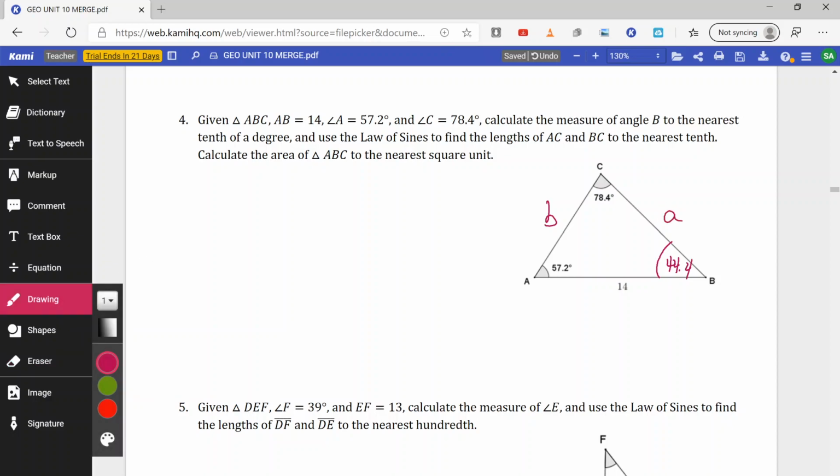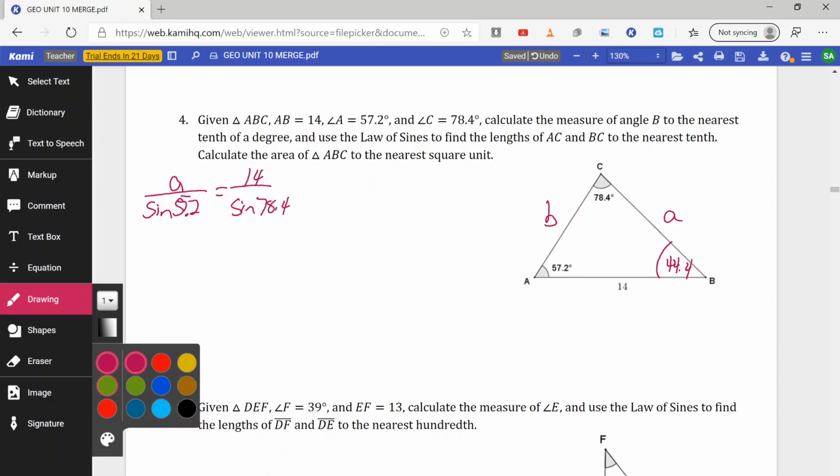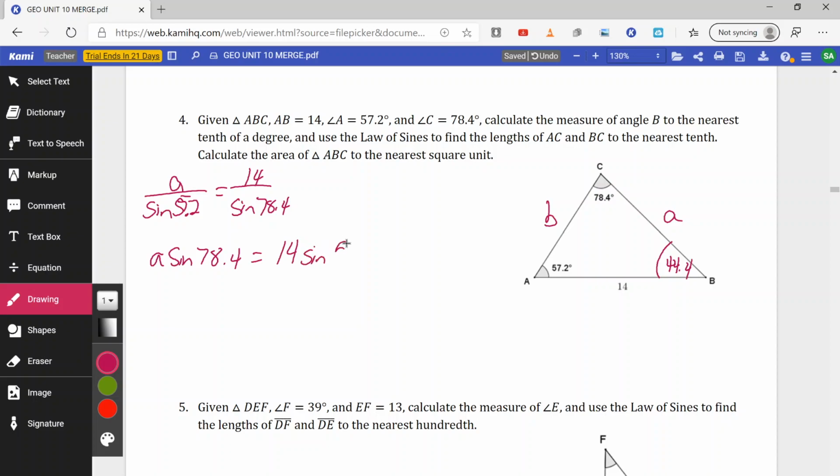So here we have A over the sine of A, which in our case is 57.2, equals side C, which we said was 14, over the sine of 78.4. We're going to cross multiply, so we get A sine 78.4 is equal to 14 times the sine of 57.2.